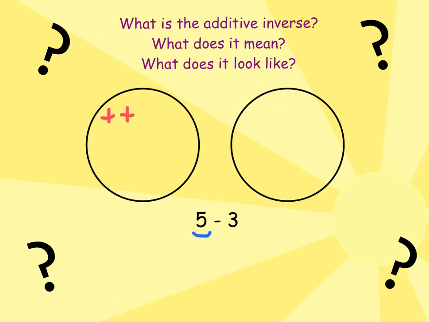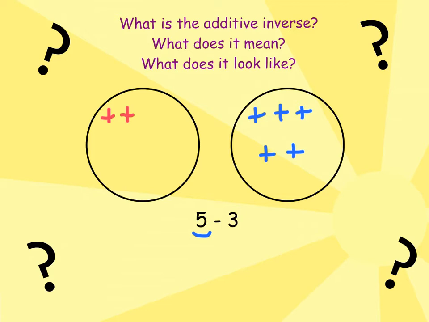Again, let's start with 5 positive signs. Now, what would be another way that we could end up with 2 positive signs left over? We know that 5 minus 3 is equal to positive 2. So what could we do to this bubble in order to get 2 positives?